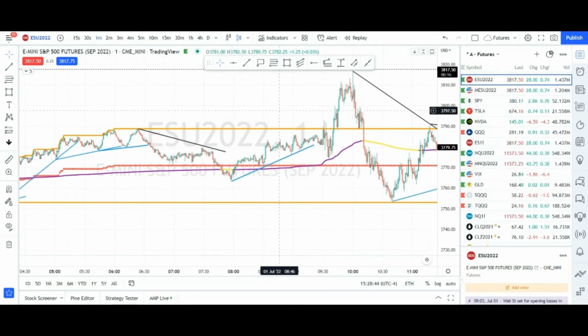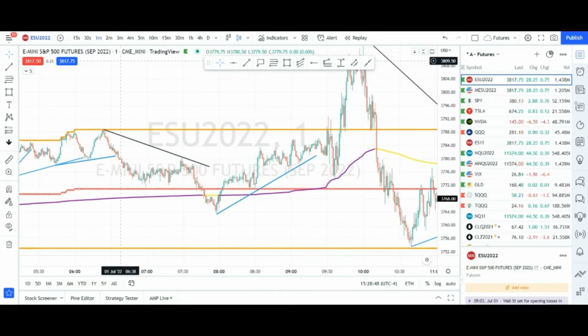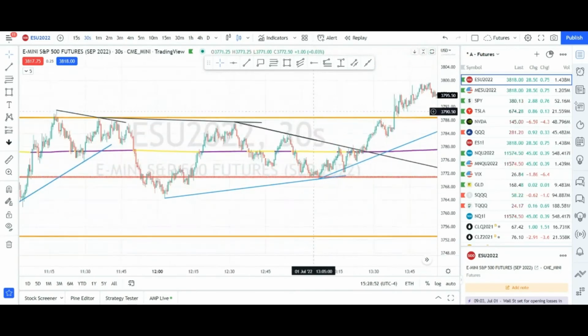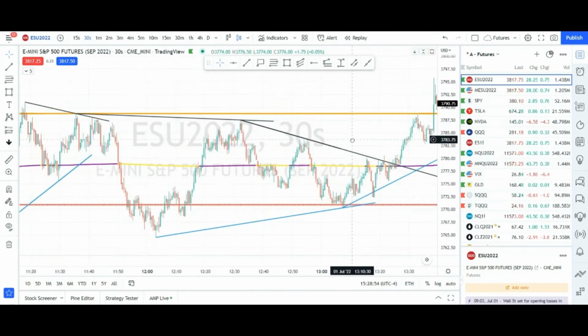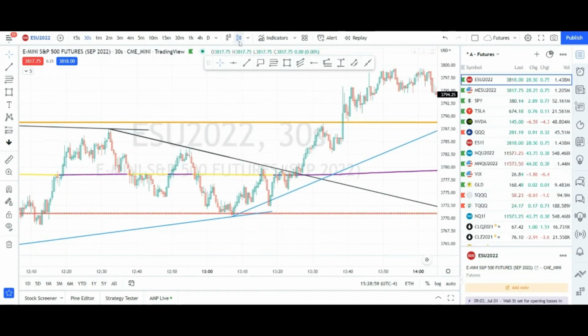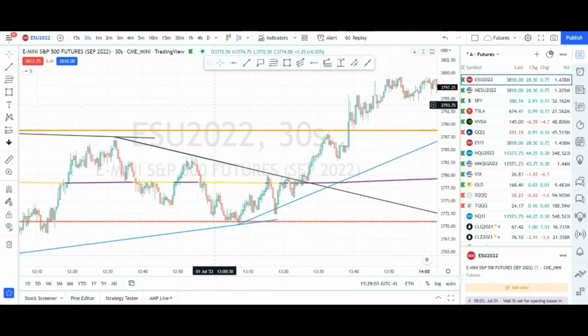But if I want to see what the market did before the market opens, I also want to see the 30 seconds chart. If you have the premium or pro version, then you can go with the time frame even down to 1 second for scalpers.